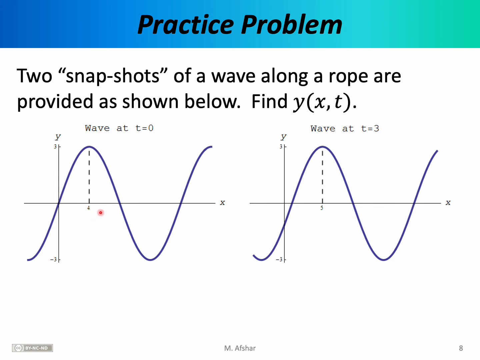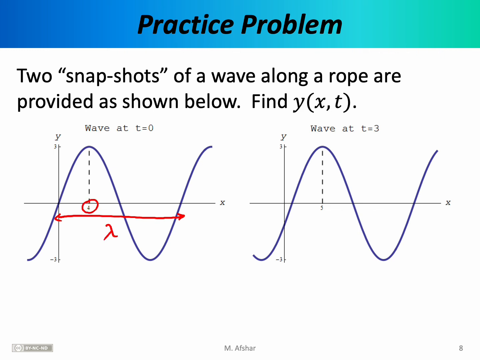Also notice that we're not given very many numbers, but we are told that 1/4 of a wavelength is equal to 4 meters. Remember that one complete wavelength of a sine function would start here and continue all the way over here. So this distance from here to here is one full wavelength.